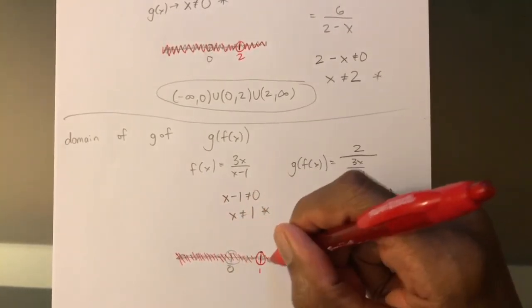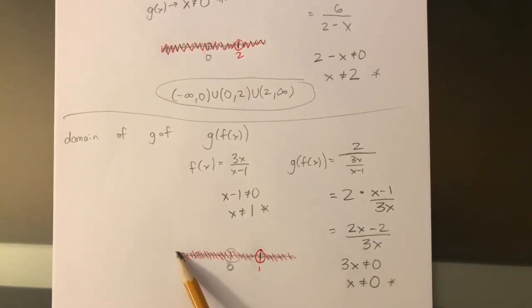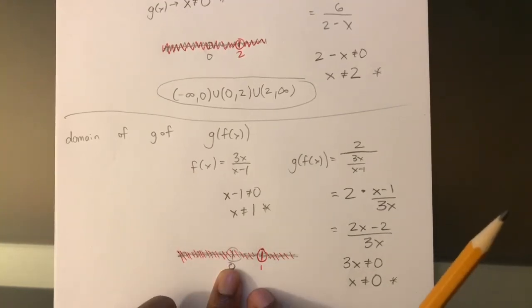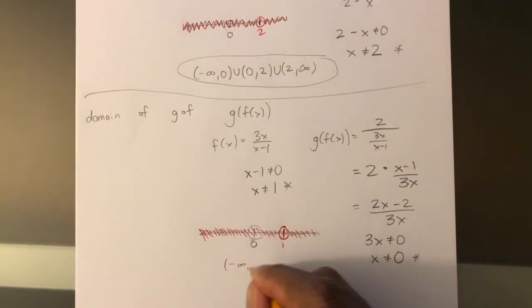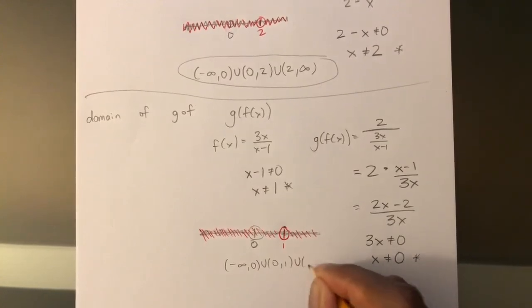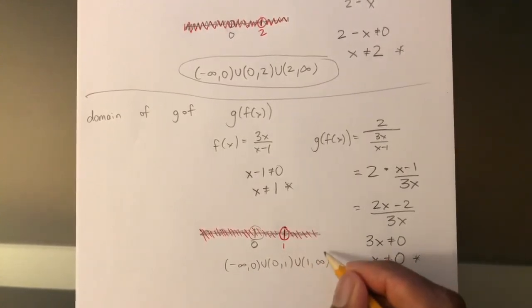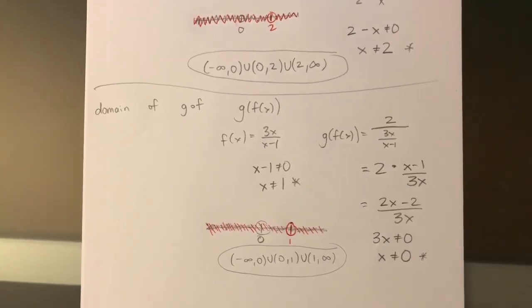I'll try to shade it a little differently so it will stand out better. So the overlap, the intersection, is all reals except 0 and 1. Everything has an overlap except at 0 and at 1. So that's your final answer: negative infinity to 0, union 0 to 1, union 1 to infinity. And that's the domain of g of f of x.